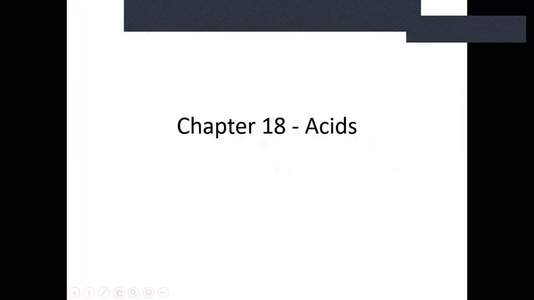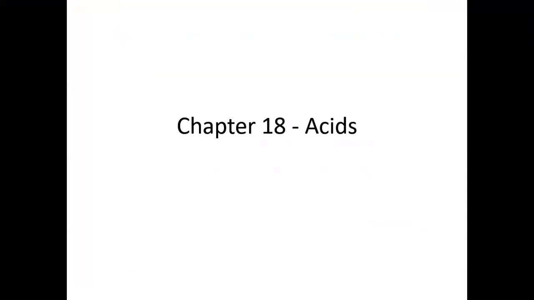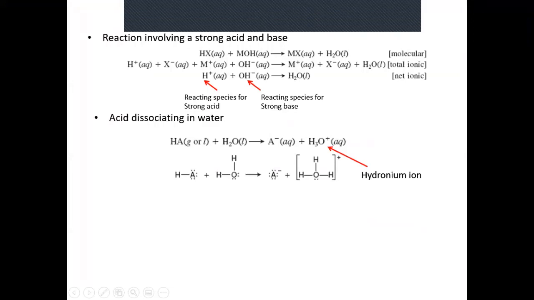We're starting a new chapter today on acids, and we'll also talk about bases as well, but mainly this chapter is on acids. And again, everything we learn for acids, the opposite is true for bases. Just a quick summary with reactions involving strong acids and strong bases: there's always a salt and water produced from a reaction involving a strong acid and a strong base.